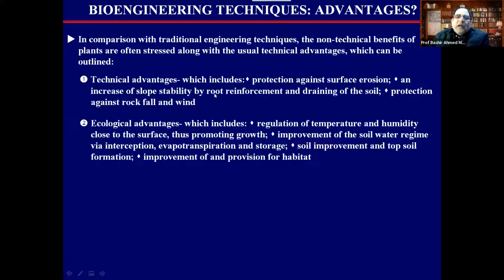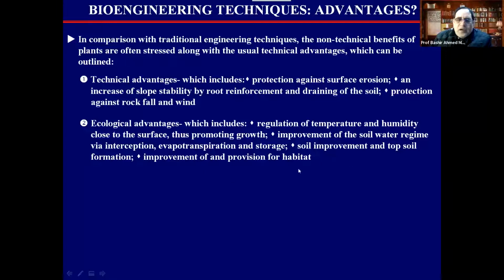Likewise, there are various advantages of using this technique. The first one is the technical advantage, which includes protection against surface erosion, increased slope stability by root reinforcement and draining of the soil, and protection against rockfall. Then ecological advantages, which include regulation of temperature and humidity close to the surface, promoting growth, and improvement of the soil water regime via interception, evaporation, and so on.